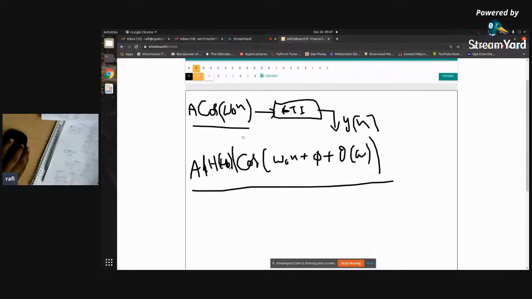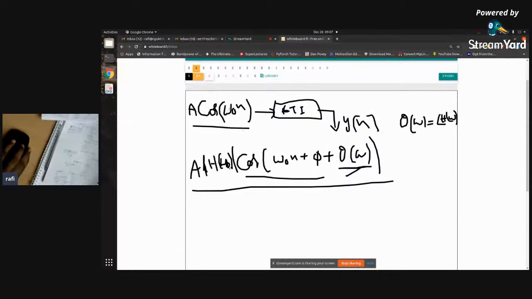For cosine signals, real signals, you will get the same cosine signal as output with the same frequency, but the phase will get an additional component, theta of omega. What is theta of omega? Theta of omega here is angle h of omega. So that is what we have assumed here.